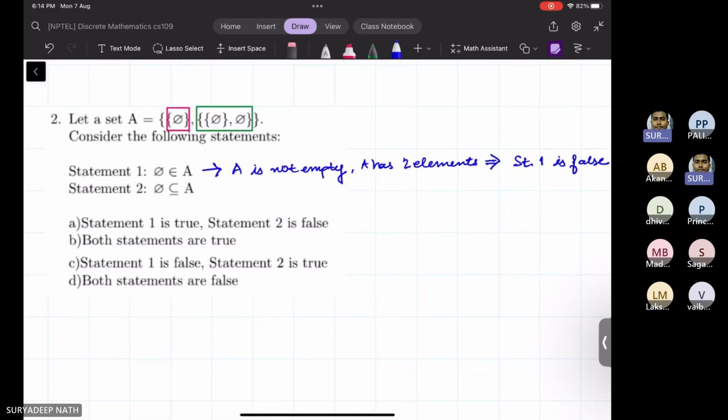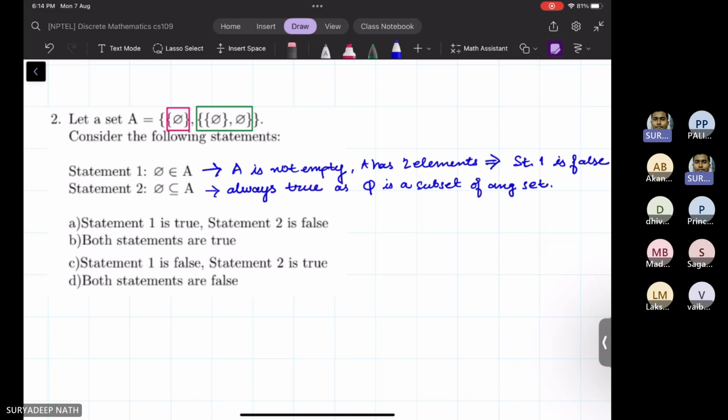Now come to the second statement, which says that phi is a subset of A. This is always true, as phi is a subset of any set.